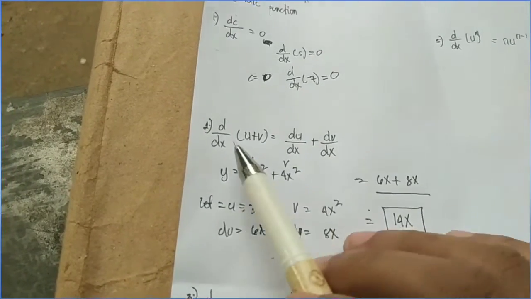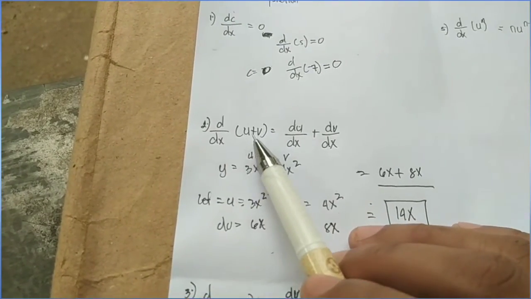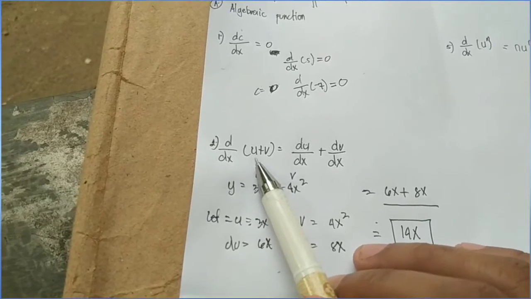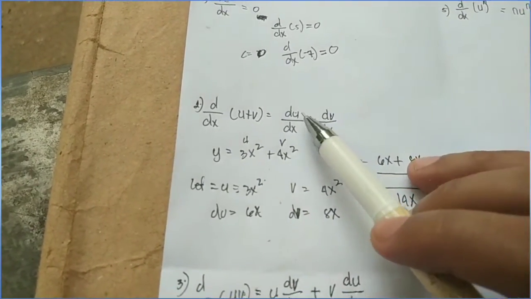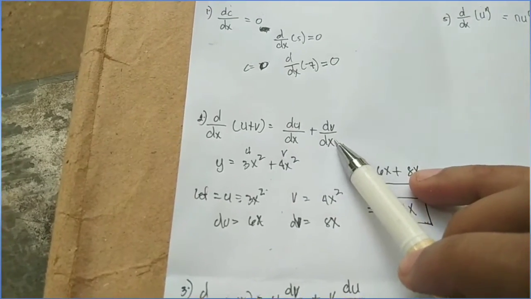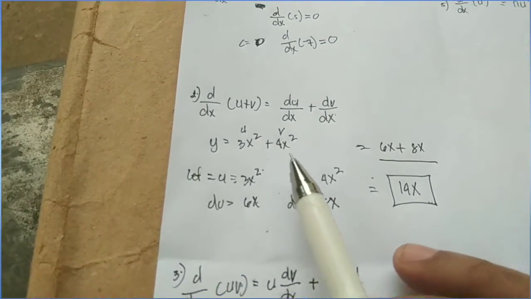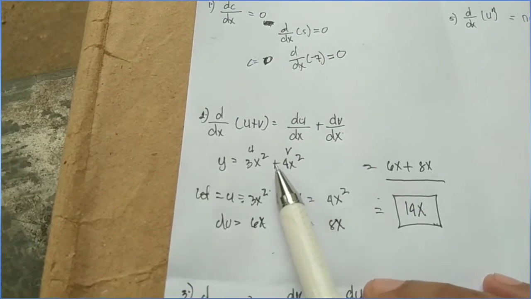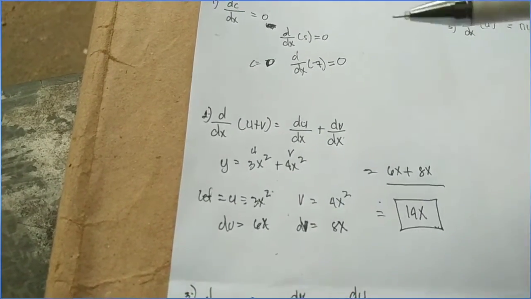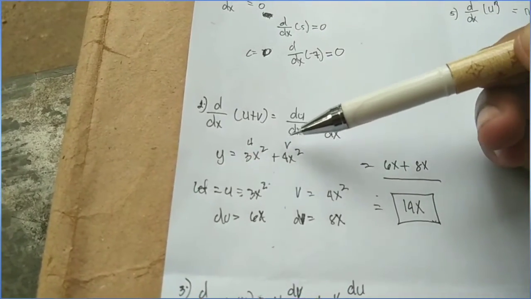For number 2, d over dx of u plus v is equals to the derivative of u plus the derivative of v. For example, y is equals to 3x squared plus 4x squared. First you need to find your u and your v.